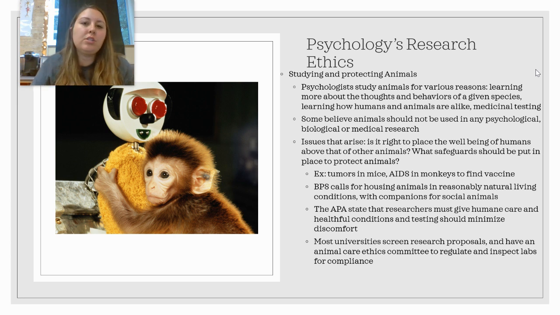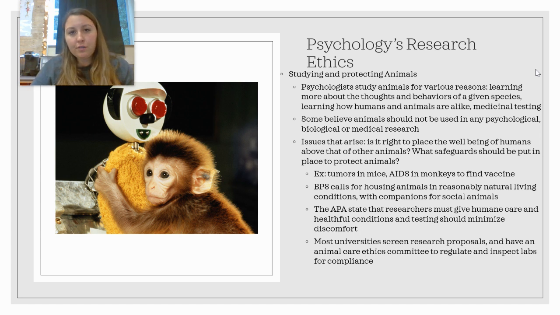Now, the BPS, which is the British Psychological Society, they say that if you're doing animal research, you have to house the animals in reasonably natural living conditions and give companions for animals that are social creatures. The APA, which is the American Psychological Association, states that researchers must give humane care and healthful conditions, and testing should minimize discomfort.